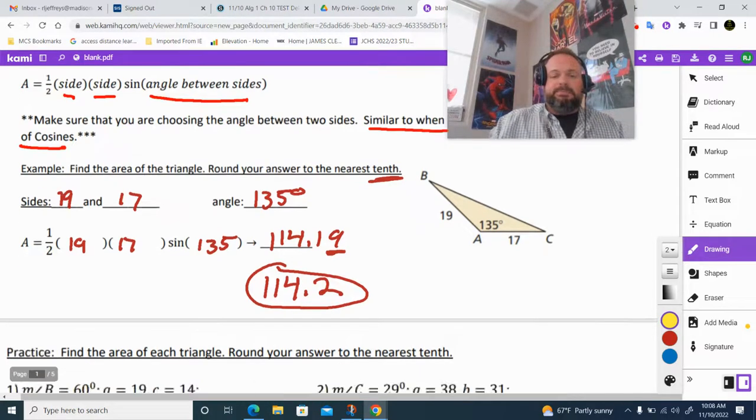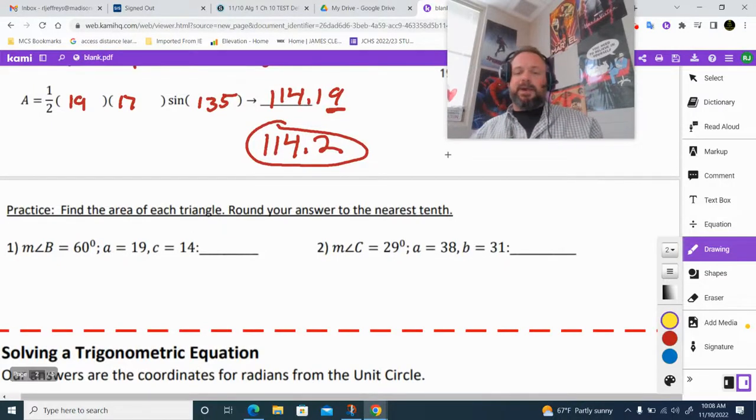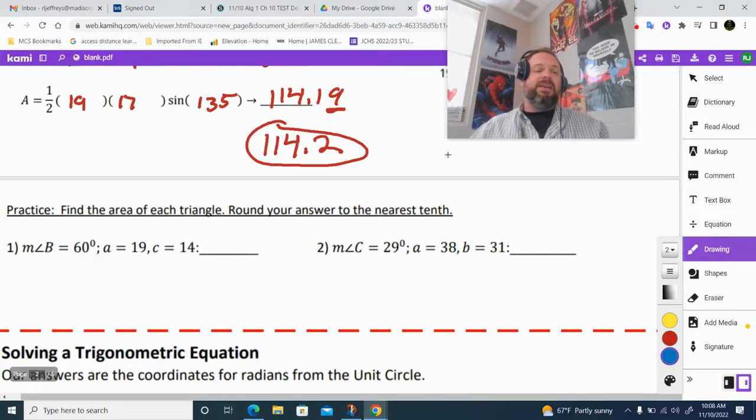Okay. All right. So for these two, these are practice. Now, this does not have a triangle set up. Does it really matter? No. Because I'm just going to go ahead and write 0.5 for 1/2. All right.